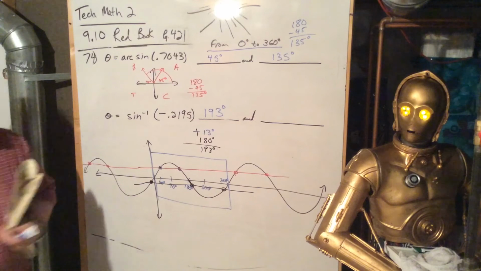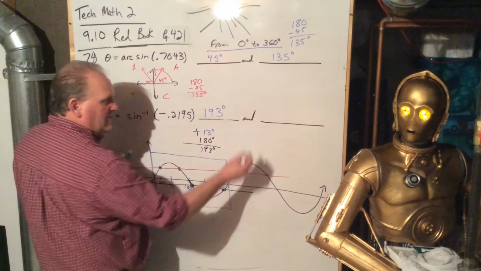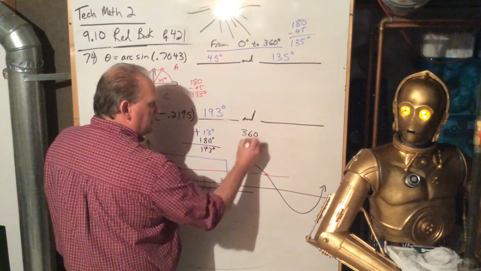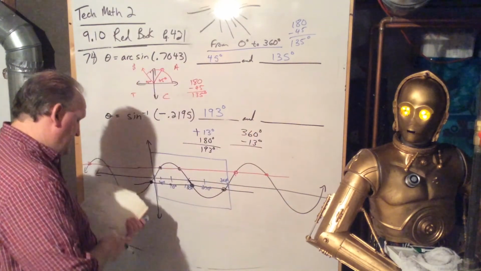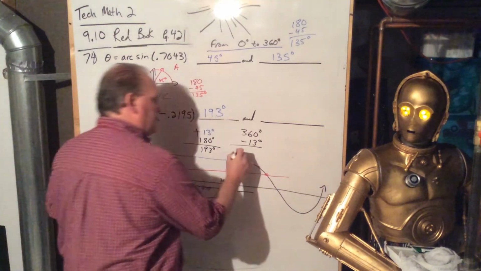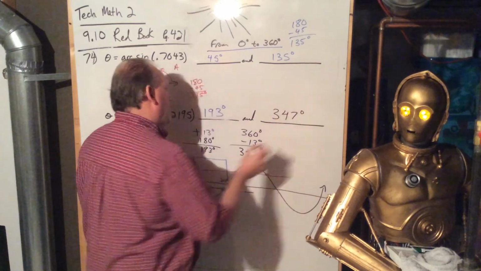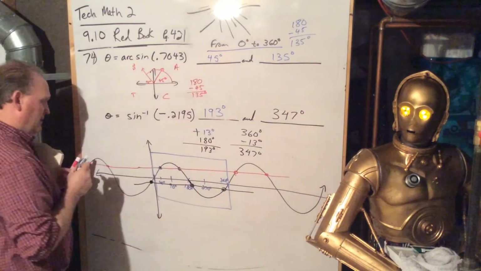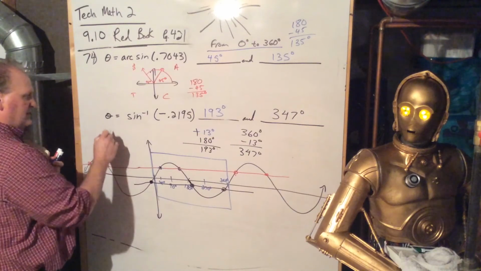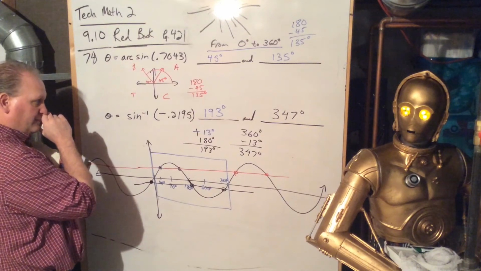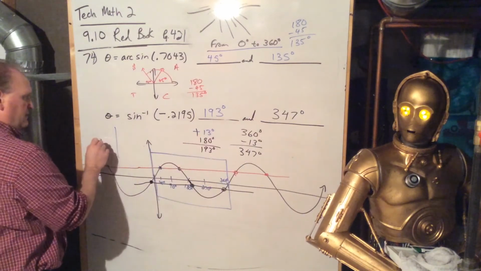All right. And now we also want this one. Well, let's do that 13 degree trick again from 360. And so when we subtract that off, we get the 347 for the other one. And again, after you get the 193 or even the negative 13, the negative 13 would have coincided with the 347.